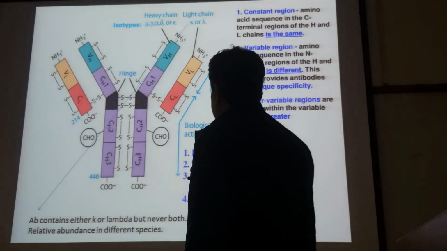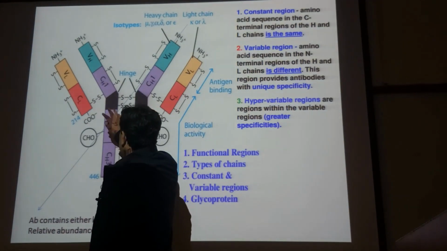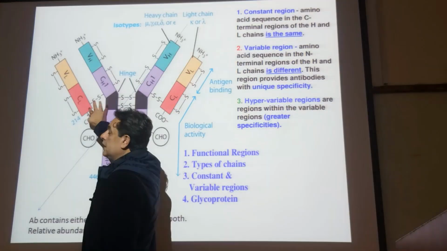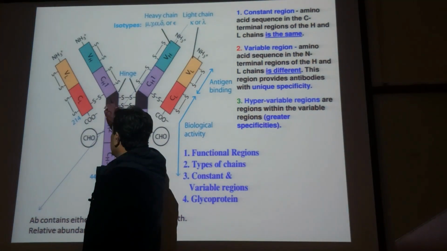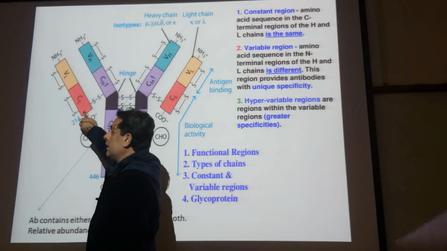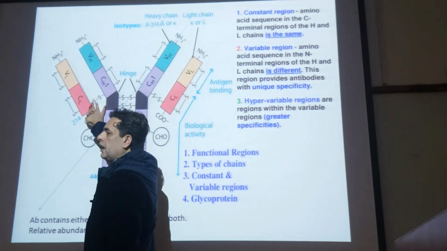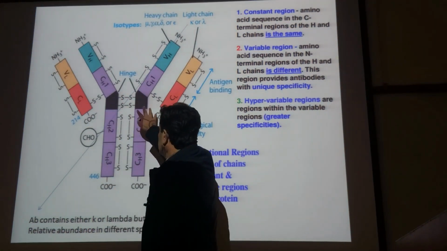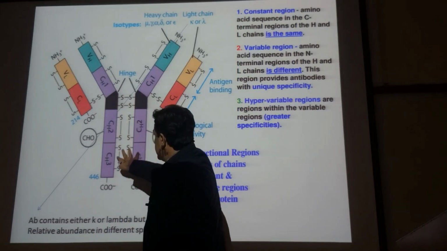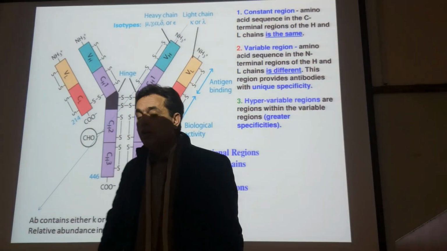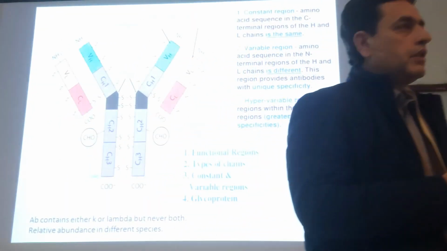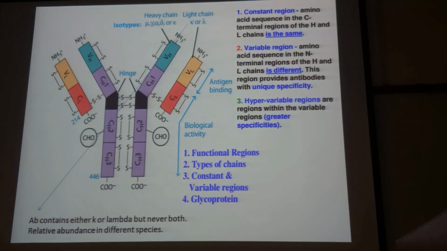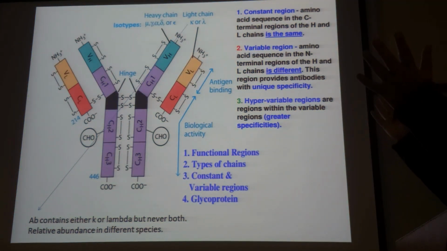Apart from that, you see that this is the heavy chain, and this one is the light one, and both of them are attached with each other through disulfide linkages. If you see here, the heavy chains in themselves also are attached with each other through disulfide linkages. On both the sides, you can see the same pattern repeated.